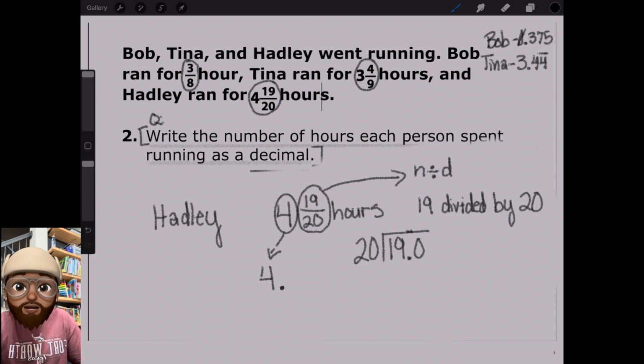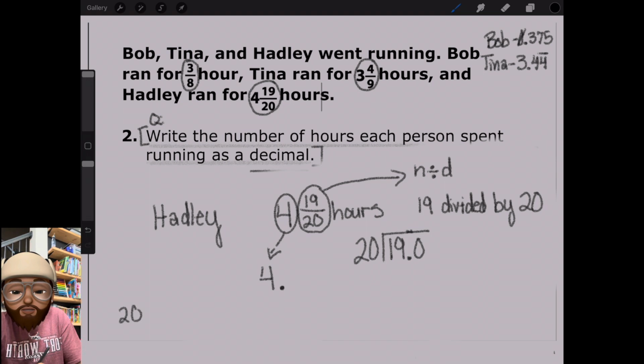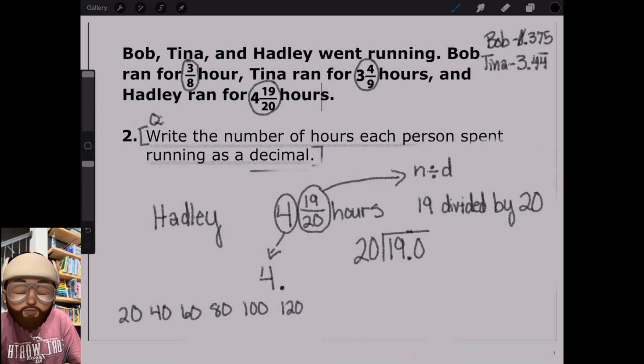Now let's see, how many times can 20 go into 190? Let's check. 20, 40, 60, 80, 100, 120, 140, 160, 180. And the next would be 200. And that's too much.